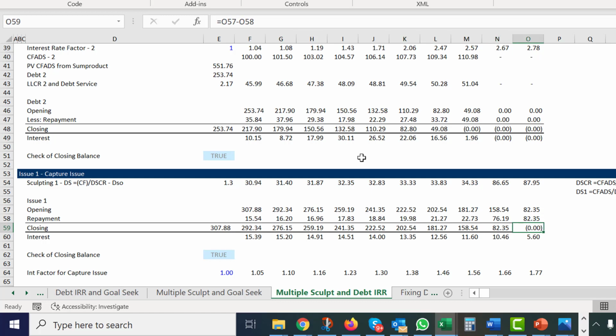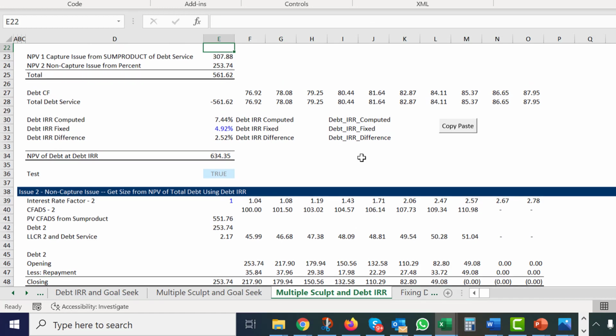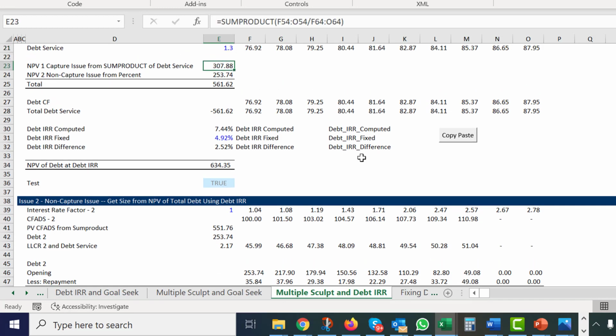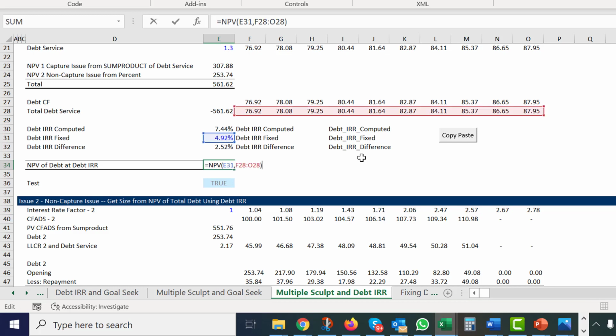And now notice that this all works, and this 307 comes from the sum product. So the key is to compute: you need the debt IRR to compute the overall debt.